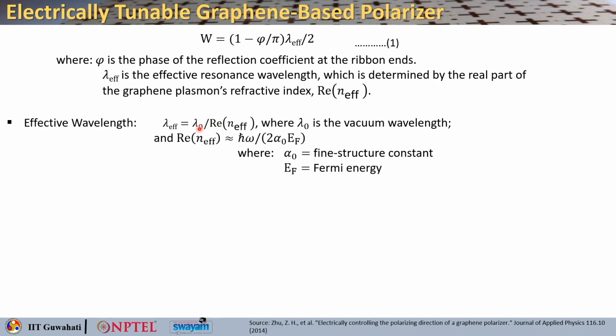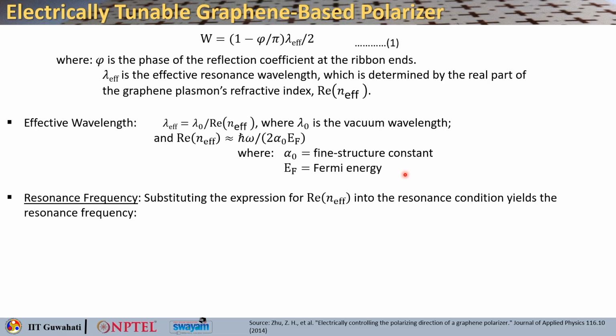What is lambda naught? That is the vacuum wavelength, and the real part of N effective can be estimated as h bar omega divided by 2 alpha naught EF. Alpha naught is the fine structure constant, and EF is the Fermi energy, right.